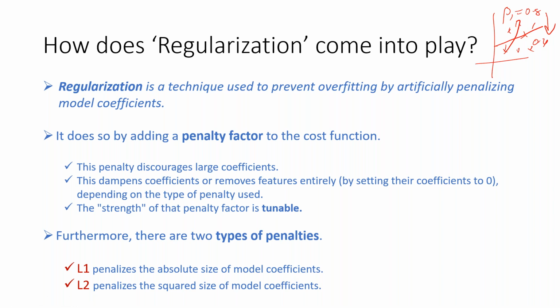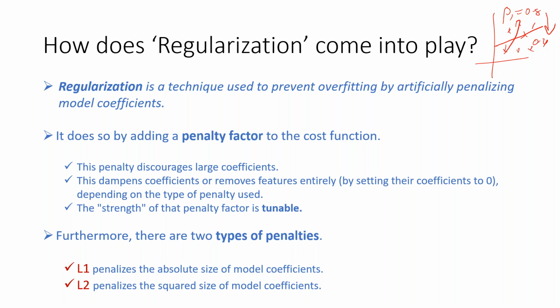So what does it really do? Why do we have to regularize a simple linear regression model? Whenever we build simple linear regression models on data sets which have a lot of features and fewer observations, they will overfit. To come out of that problem, we have to apply a tactic called regularization.